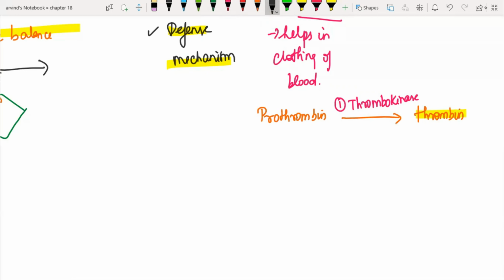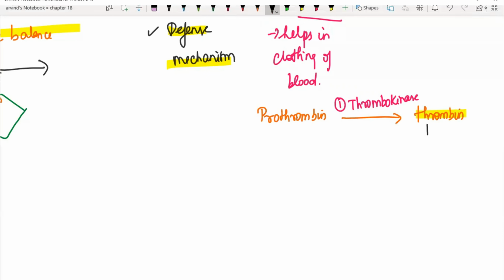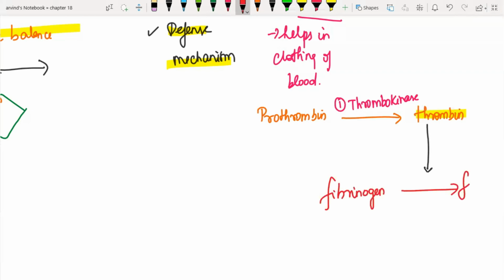Now, fibrinogen. So it is a zymogen, right? It's an inactive protein. So this thrombin is going to convert fibrinogen to fibrin threads. And this fibrin is what is going to form the clot.